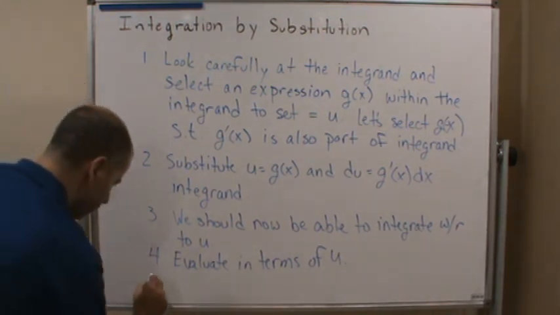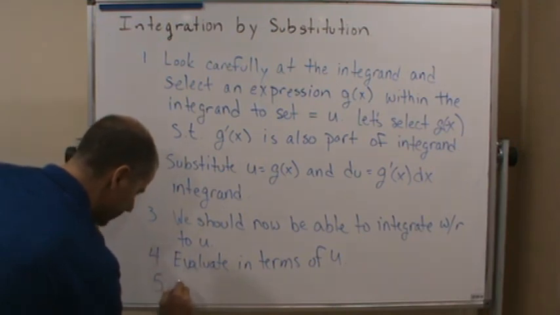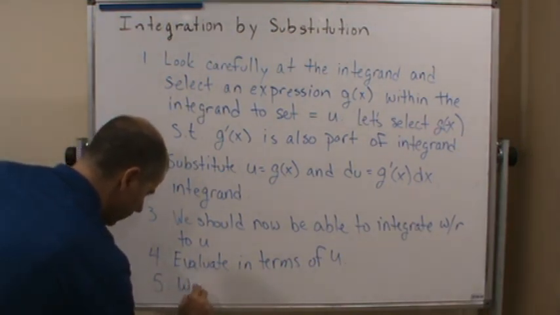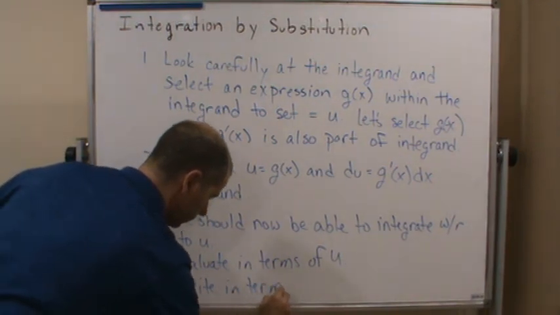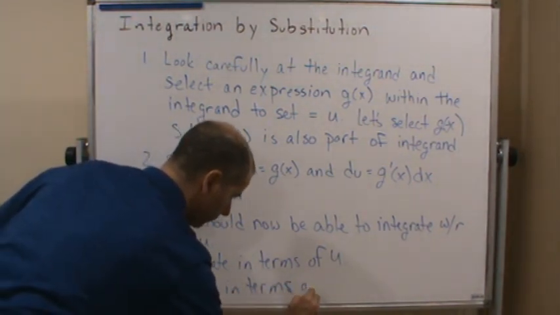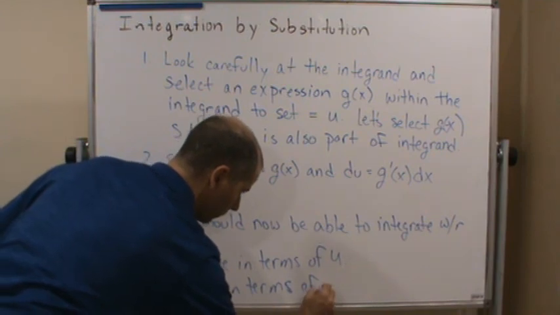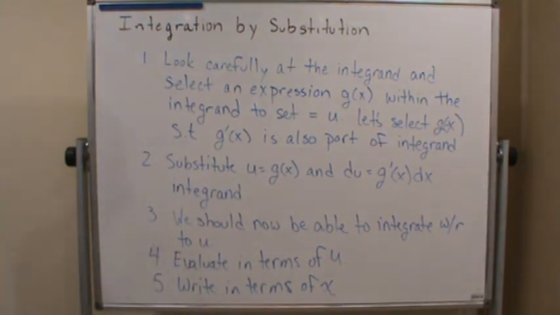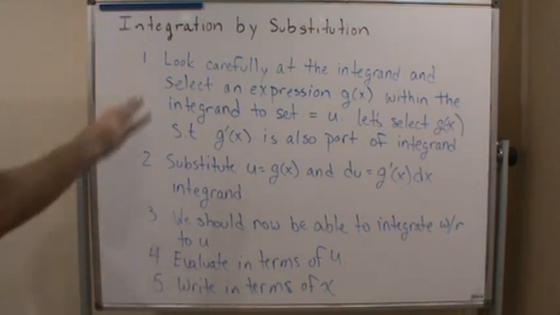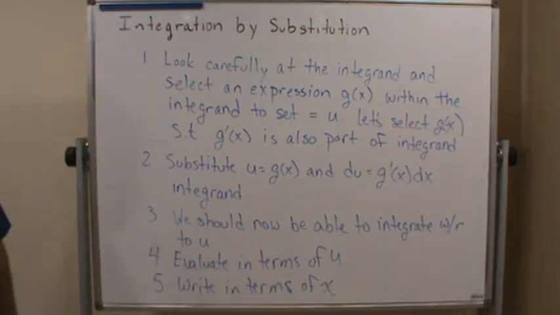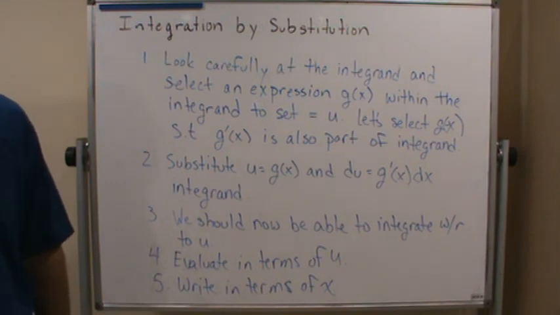That means go back to x, then rewrite it in terms of x. And that's it. So we're going to do some examples, but these are the steps you're going to follow when you're evaluating using u substitution. That's it.